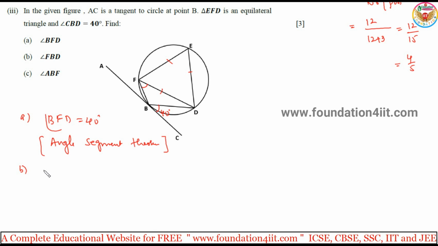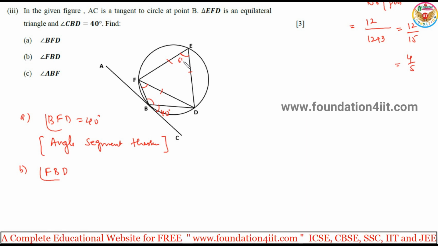Now angle FBD, this angle. We can find it using the cyclic quadrilateral property. We know that it is an equilateral triangle, right? So every angle is 60 degrees. All three angles are the same.